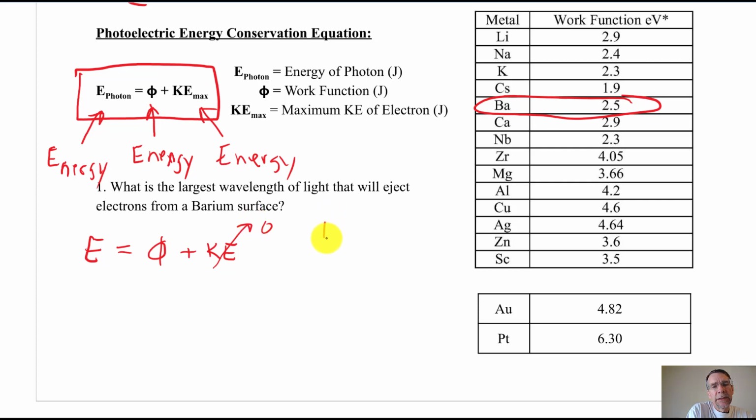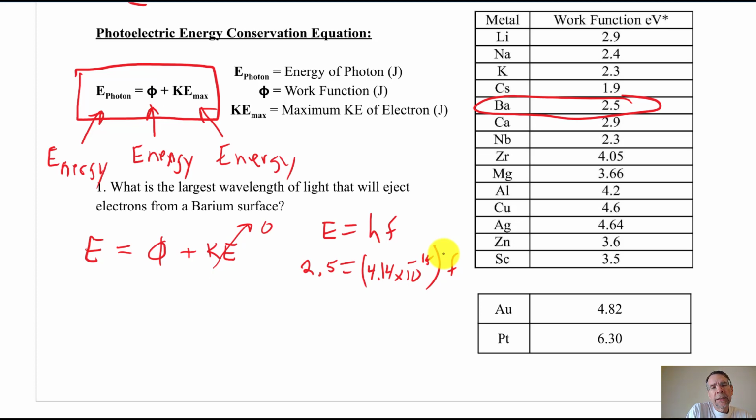Well, we need photons that have an energy of 2.5. So we need E equals hf, the energy of a photon. We need photons that have 2.5 electron volts of energy equals, and because we're in electron volts, we need to use 4.14 times 10 to the negative 15th times f.